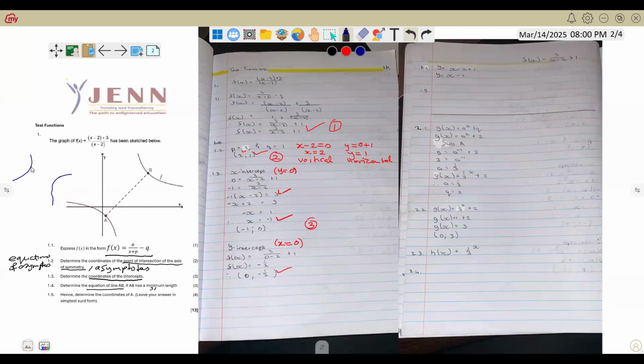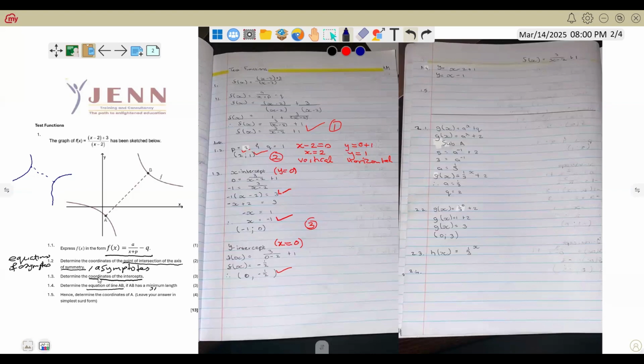Yes, sir. Second and fourth, then the shortest distance will be like this. As long as they talk of the shortest distance between these two arms, it can only exist on the axis of symmetry. So if it was like this, it means they are asking you for the axis of symmetry having negative gradient. That's another way of asking you for the axis of symmetry. Is that clear?